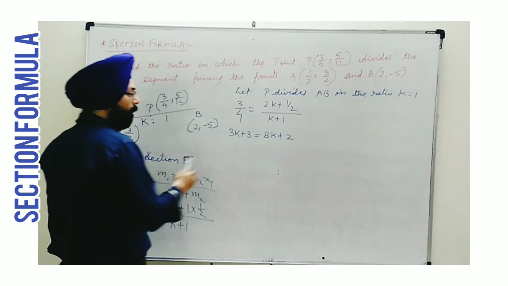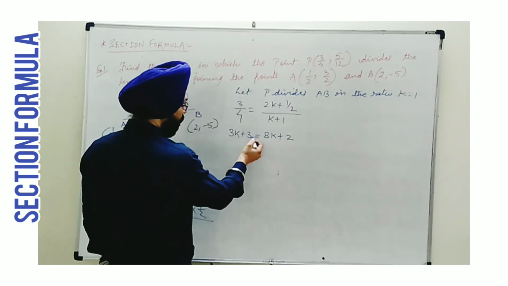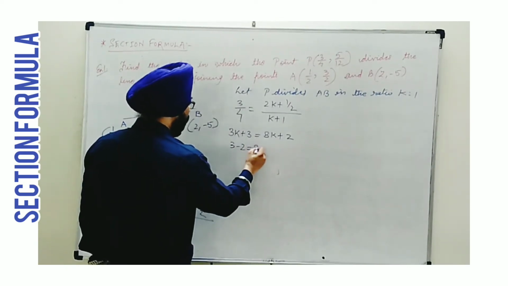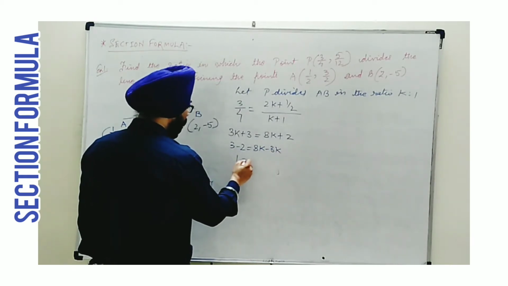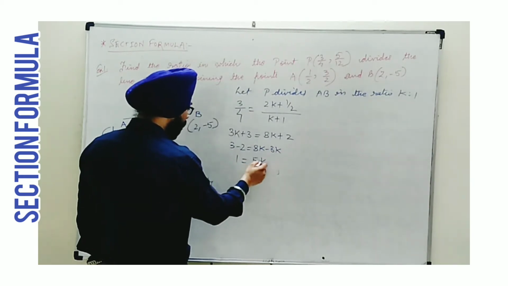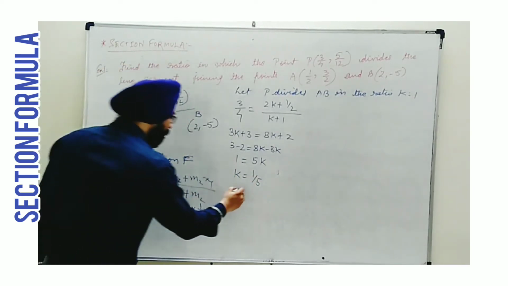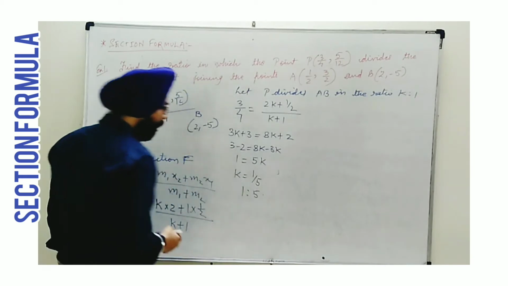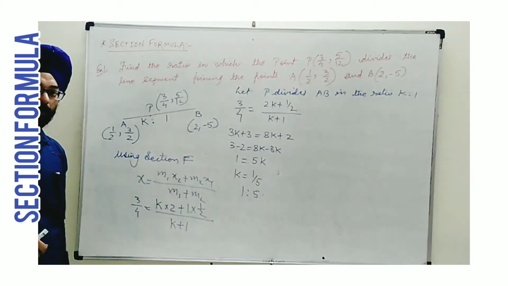Now simplifying and taking the like terms aside, this becomes 3 minus 2 and 8k minus 3k. 3 minus 2 is 1, and it's 5k. Here k is equal to 1 upon 5, or we can say this is 1 is to 5. Whatever value of k we get, that only is the required ratio.